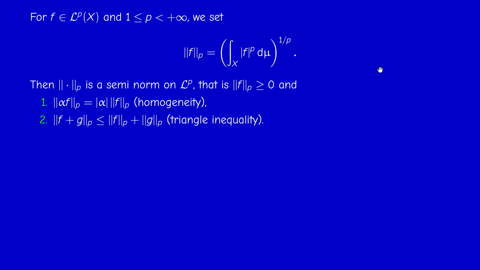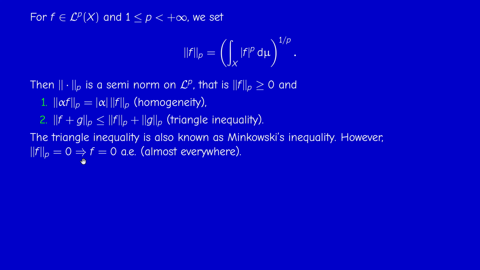It's just what we call a semi-norm, because first of all, it's non-negative, because the integral is non-negative. It's homogeneous because you can put the constant outside, and it satisfies the triangle inequality, which is known in this case as the Minkowski inequality. In principle, you proved this in a previous course. I'm not going to reprove it here, but it's not something trivial actually.